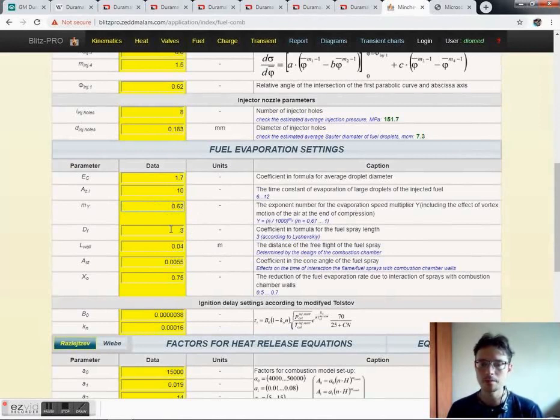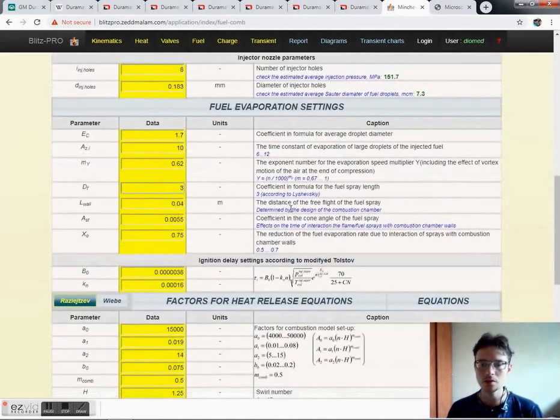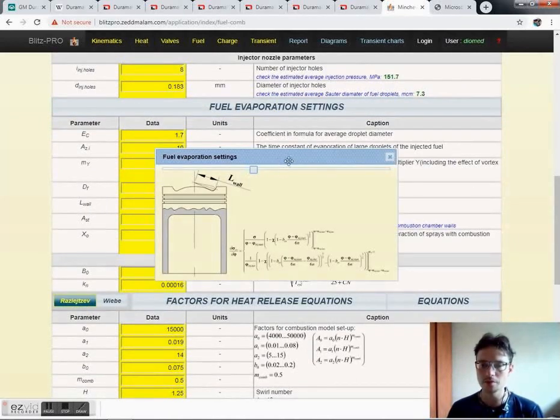3 is a constant from the Lishevsky equations, and what's important is the length of the free flight of the fuel spray. This picture shows an example.